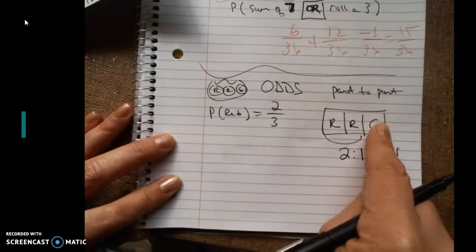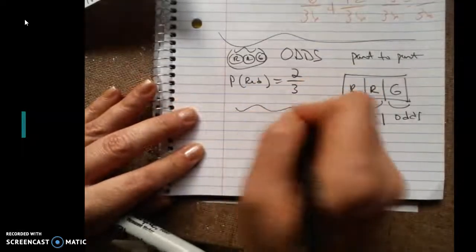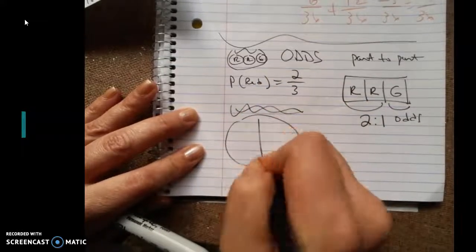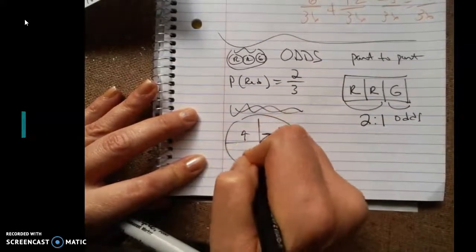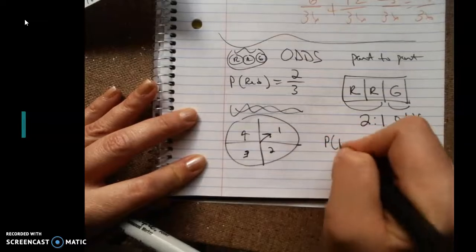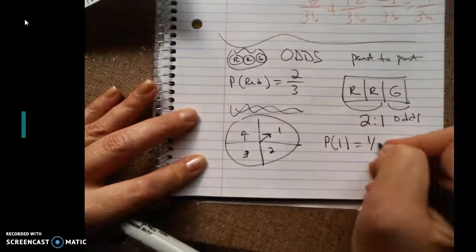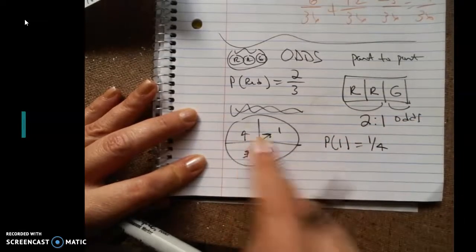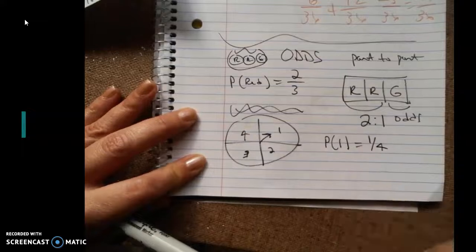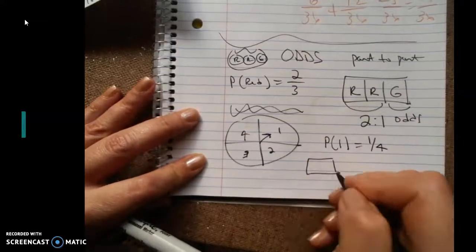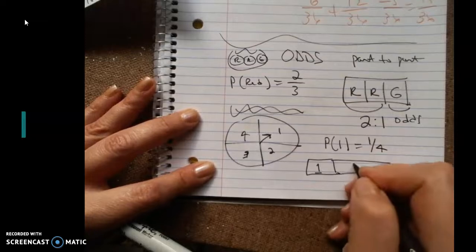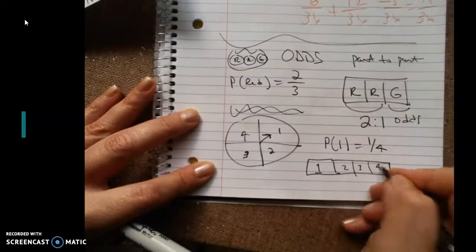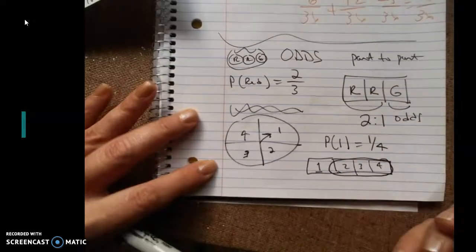All right, say I have a spinner with 1, 2, 3, and 4. Your probability of landing on a 1 is 1 out of 4, because you have 1 chance out of 4. That's your probability. Your odds, well, you have 1 chance to land there, and then you have these other guys, 2, 3, 4, these chances to land over here.